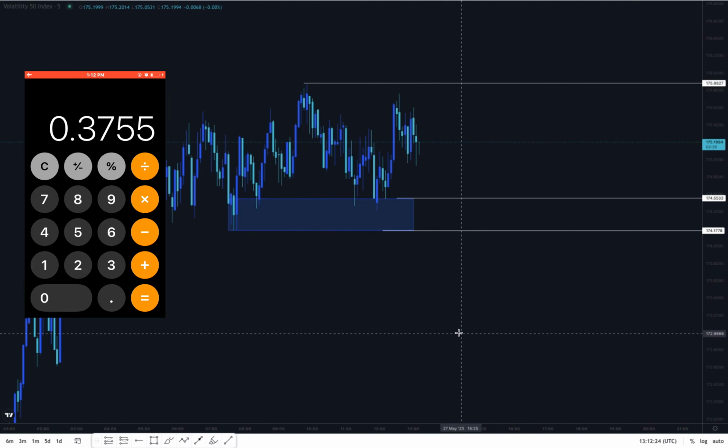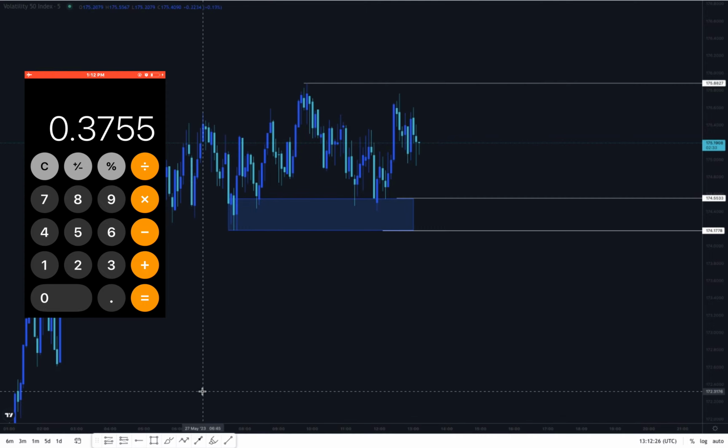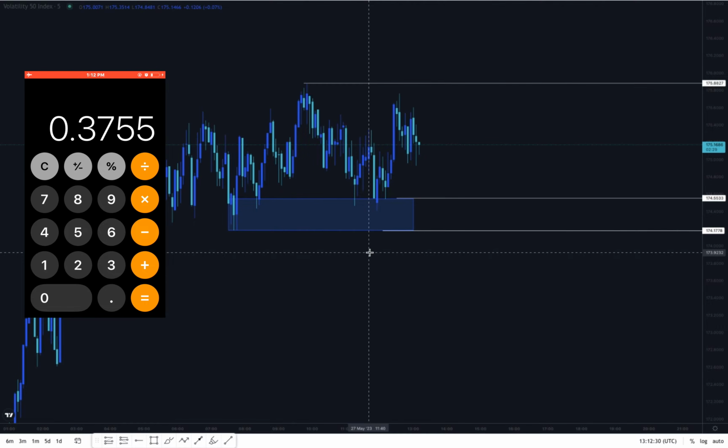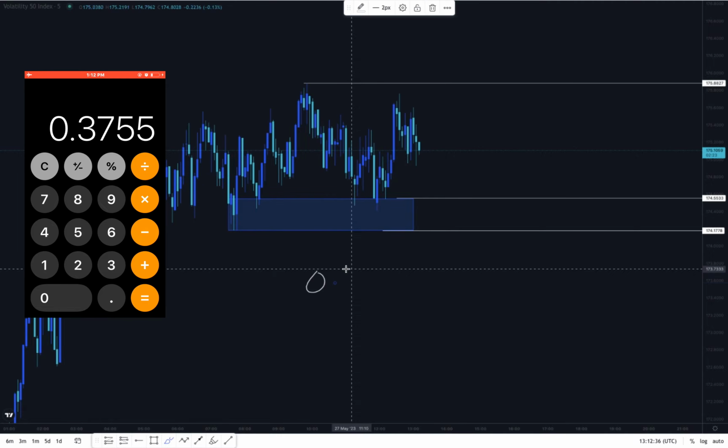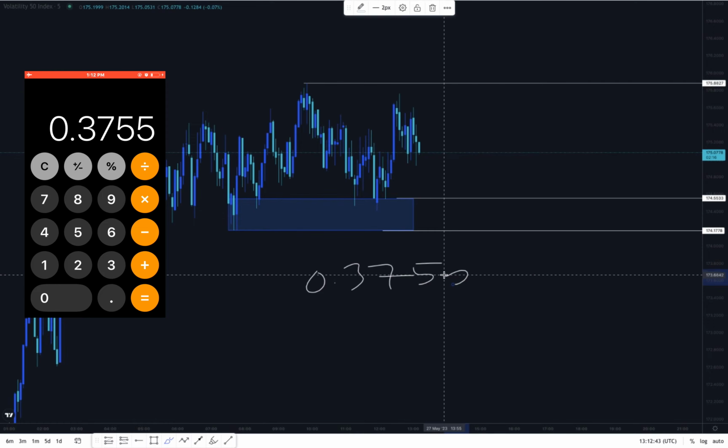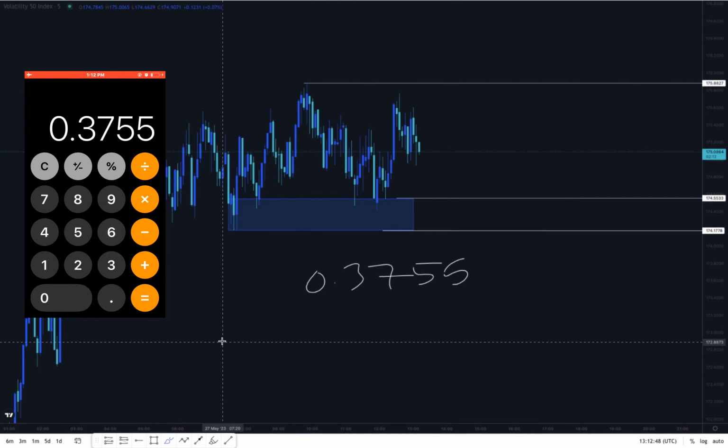This is the pips count between this level and this level. It is 0.3755. So this is the pips count between our entry level and our stop loss, the pips count to our stop loss.